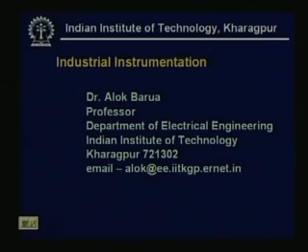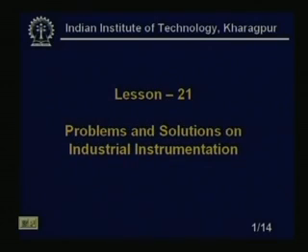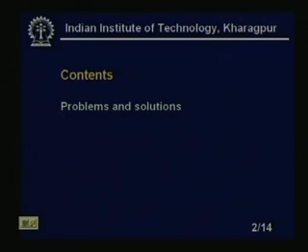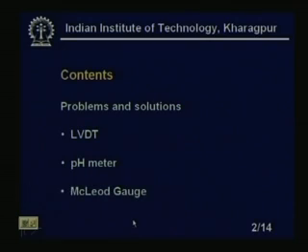Let us look at the contents of this lesson. These are problems and solutions on industrial instrumentation: the LVDT, linear variable differential transformer, the pH meter, as well as the McLeod gauge, right.